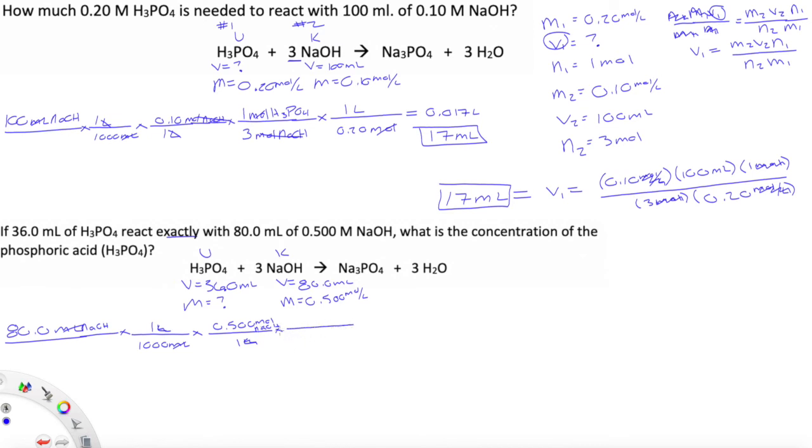And I'm trying to get moles of sodium hydroxide to cancel out, so that needs to go on the bottom of my mole ratio. And remember that number comes from my coefficient in the balanced chemical reaction, so 3 moles of sodium hydroxide. And I'm trying to figure out how many moles of phosphoric acid. So I'm going to write 1 mole H3PO4.